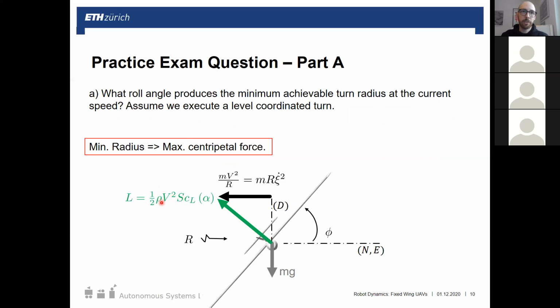The density near the ground is going to be constant. Then we have our angle of attack, surface area, and speed, and our lift coefficient, which is determined by the geometry of the airfoil. So if they're changing the camber of that airfoil, they're changing the lift coefficient.